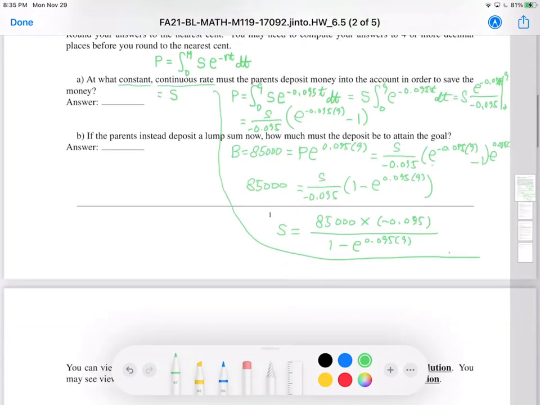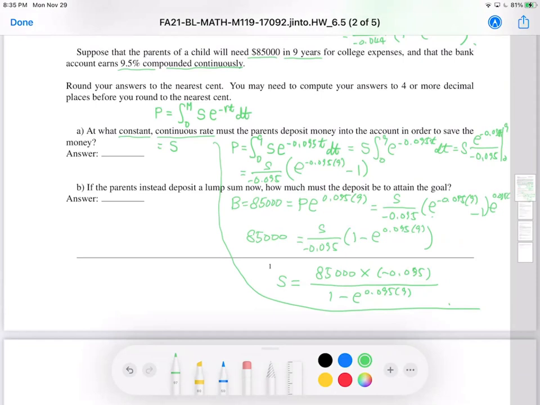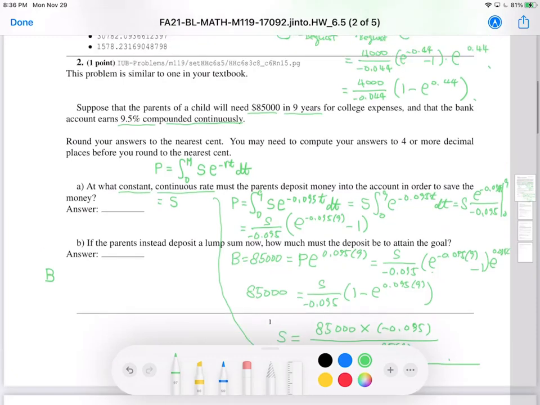For part B, if the parents instead deposit a lump sum now, how much must they deposit to attain the goal? So for the lump sum, the future value is just P, the present value of the lump sum, times e to the interest rate, which is the same 0.095.